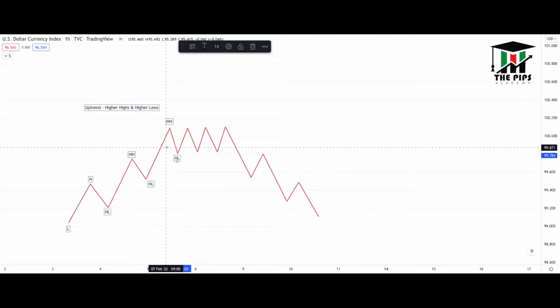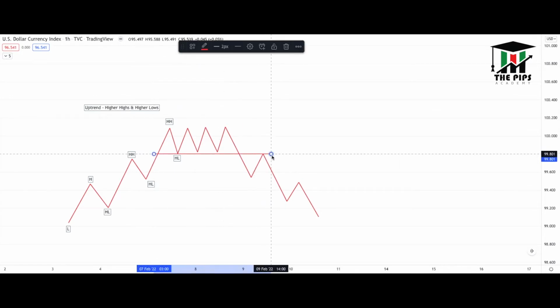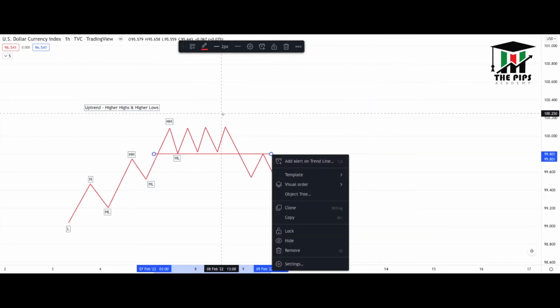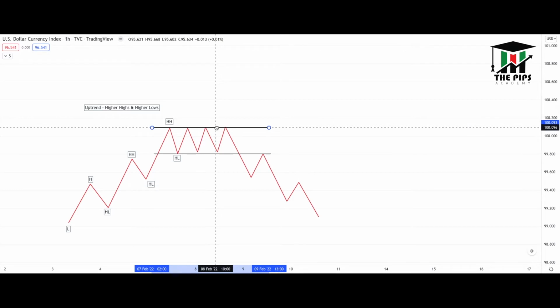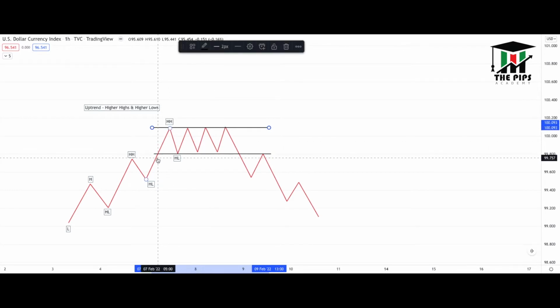Now when the market starts to move in a consolidated range or trend sideways, let's actually draw a point here. Let's change the color to black and draw another one here. Like I said, when the market is moving in a consolidated range or sideways, it starts to make equal highs and equal lows.